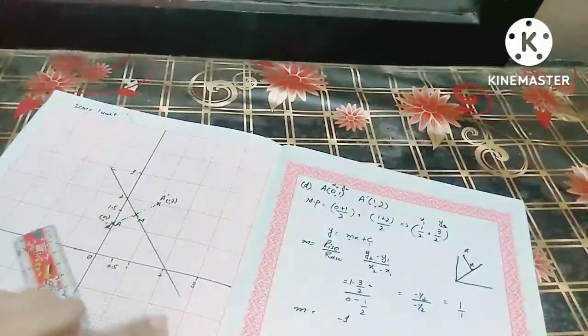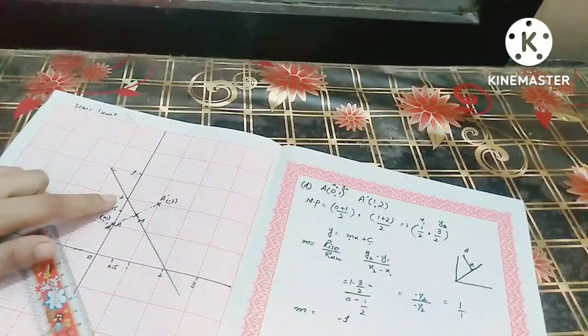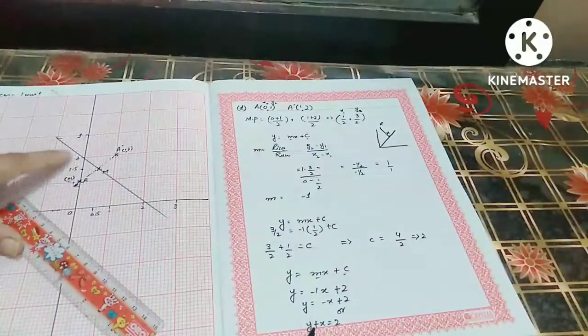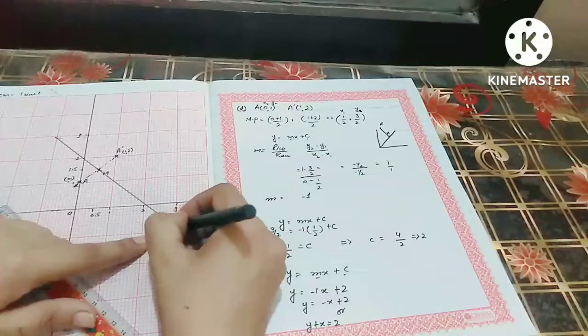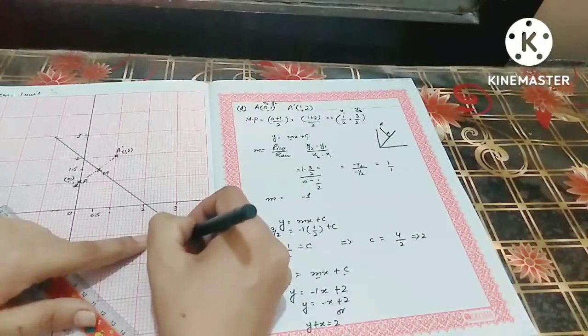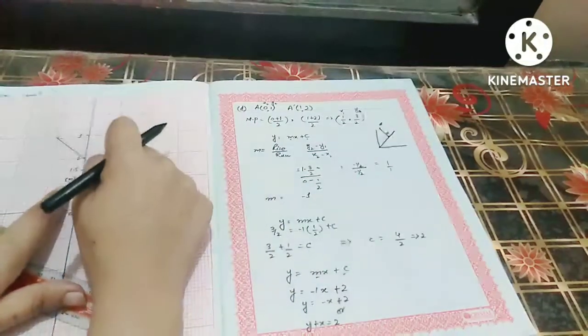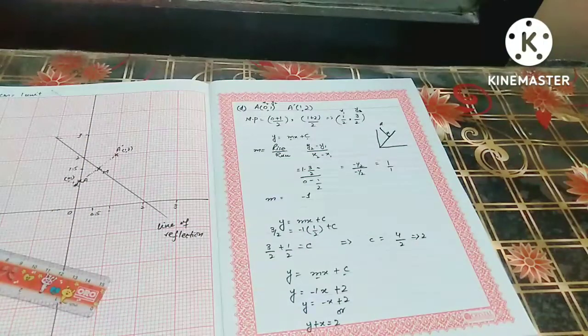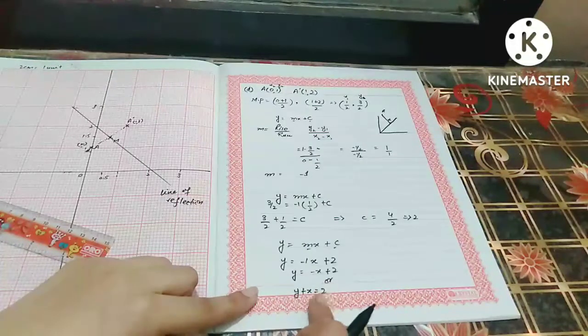So students, this is your line of reflection, and it's passing through 2 because y plus x is equal to 2. You can see that it's in the middle of these 2 points, that these 2 points are equidistant from this line. So this is your line of reflection and this is your equation of the line of reflection.